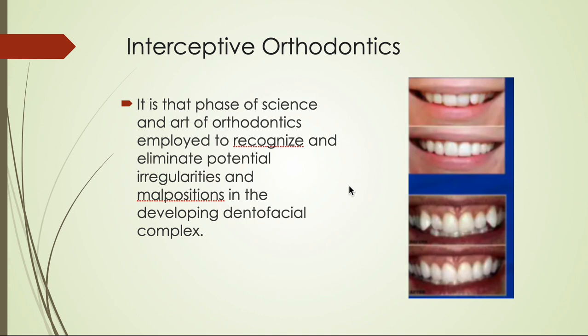Means if the malocclusion has already started to occur, then we have to take necessary steps to prevent that malocclusion. That is known as interceptive orthodontics. Means to intercept the process of malocclusion at the specific period of time is known as interceptive orthodontics.